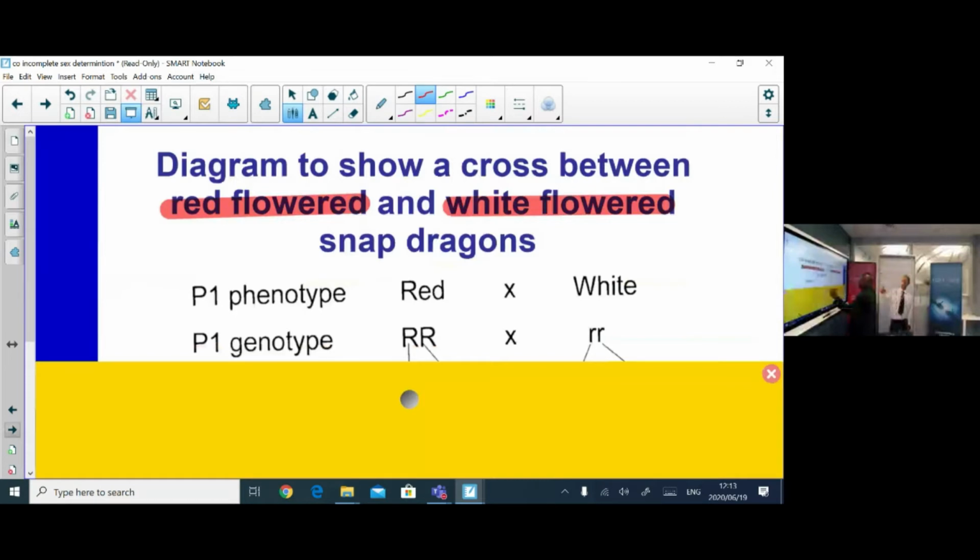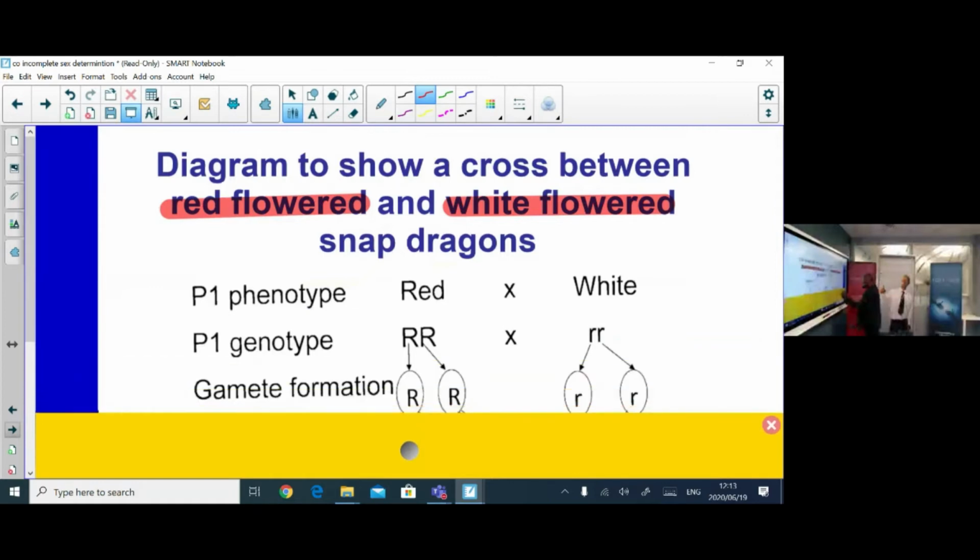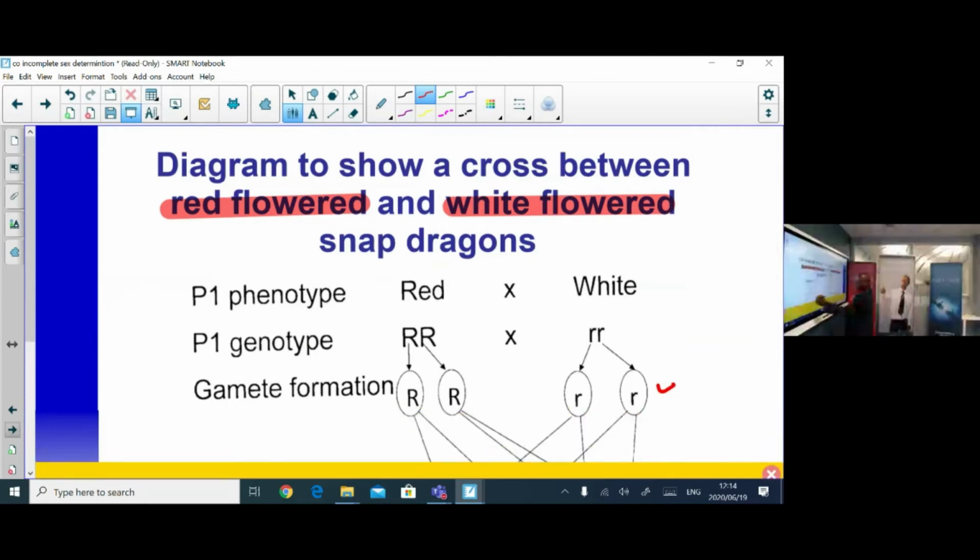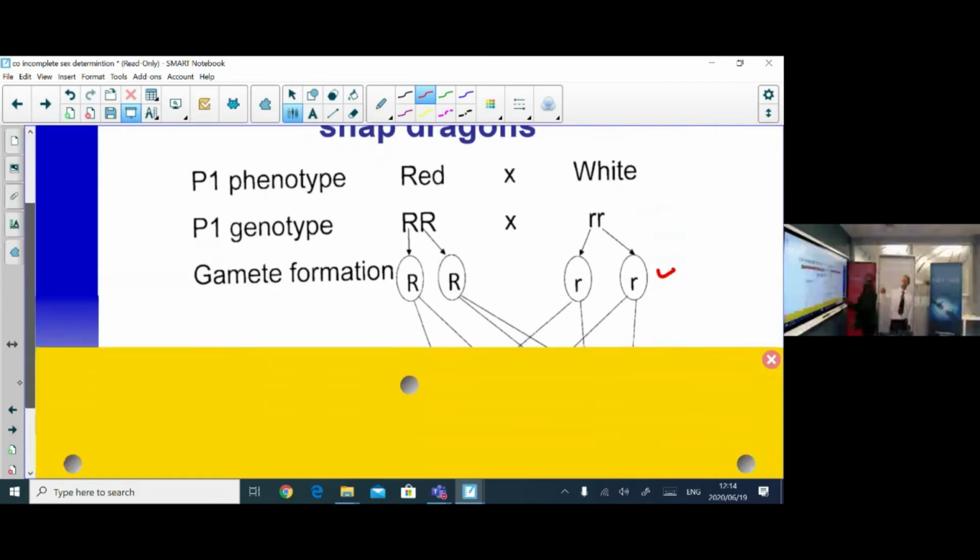Wonderful, red and white. Remember, I'm being consistent, using small letters for the other form of the allele, even though there is no dominance or recessiveness. Good. Next step, gamete formation: R and R, r and r. We are happy with this one, we remember it. Next, the crossing is the same as what we were doing yesterday. Obviously, fertilization is random.